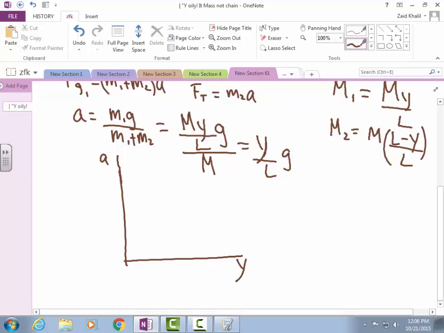The setup was that the table was much higher off the ground than the chain. So in other words, we're dropping out of the window. So what's going to happen in this case? But you're right. It's going to be linear. Until, and what is that constant value going to equal? That's right. Notice when y equals L, what is A equal to? G. So this looks like this.